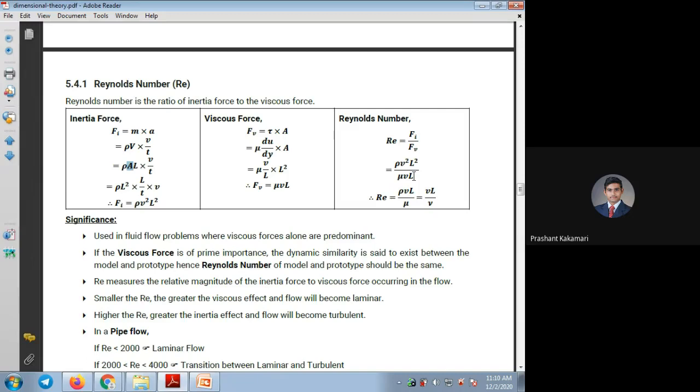Finally we are left with rho V L by mu, or as we have already studied, rho V d by mu. If it is circular dimensions, such as a pipe, I can take the hydraulic diameter as d. If the flow is taking place on an open channel or a surface, I can write it as L. Depending upon that, it is rho V L by mu, where L can be D or L.